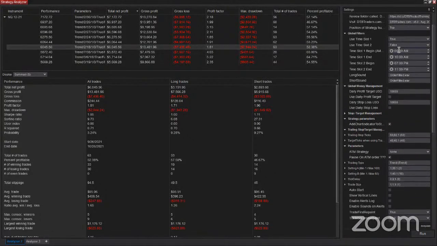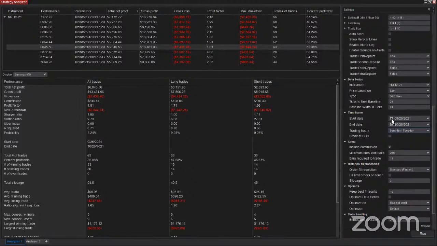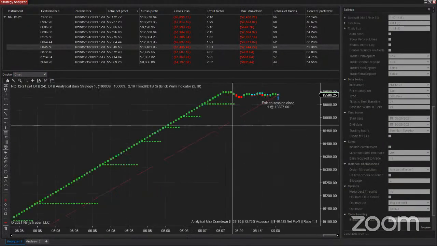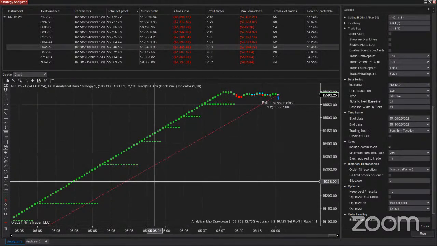We're trading 9 a.m. to 10 a.m. So all that we need to do is have enough data around that period to be able to analyze that specific data. And because we're using the analytical bars, remember we have a lot of these fake bars that are plotting up until the price.